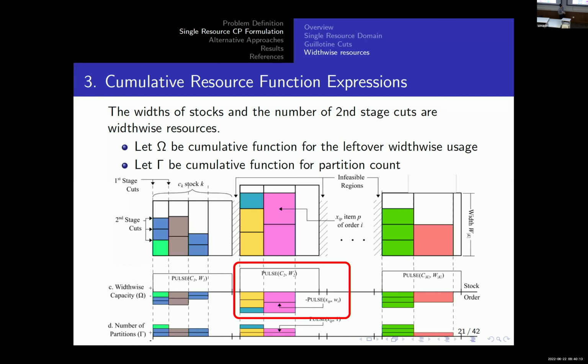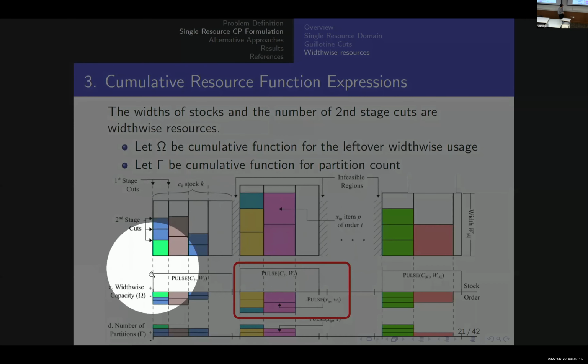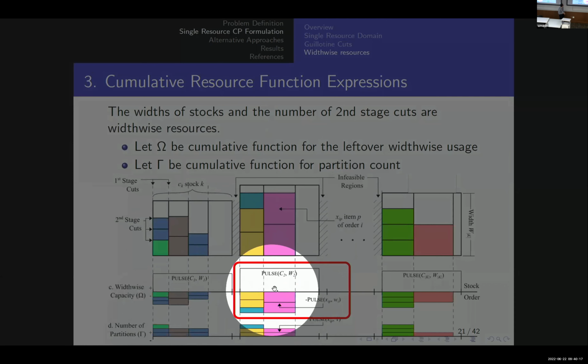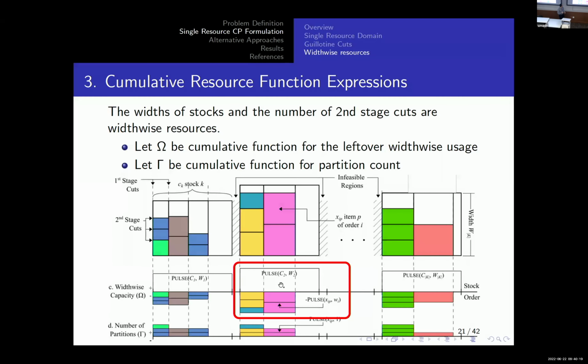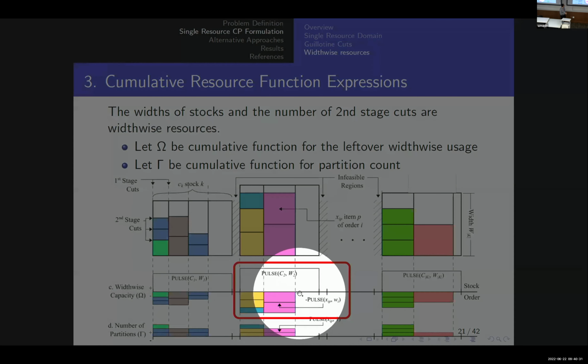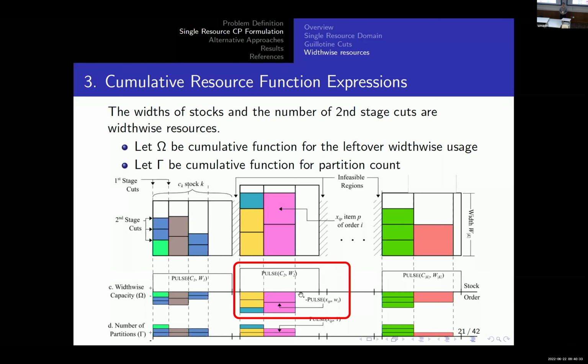So for example, for the width of the stalks, we're generating a pulse in the positive direction for each stalk, representing the available width of that stalk. Similarly, for each item, we're generating a pulse, but this time in a negative direction, to indicate that the item actually depletes the width of the stalk.